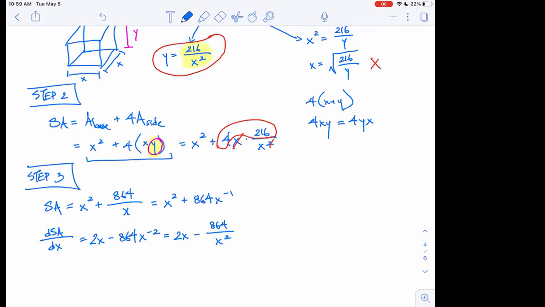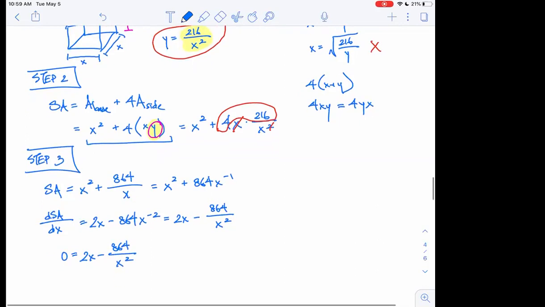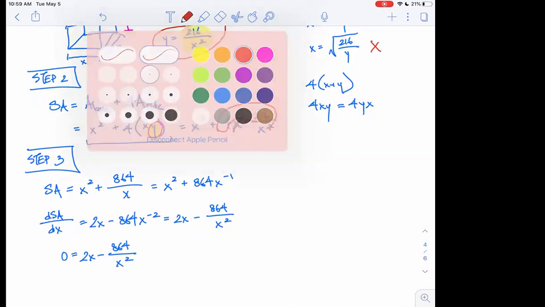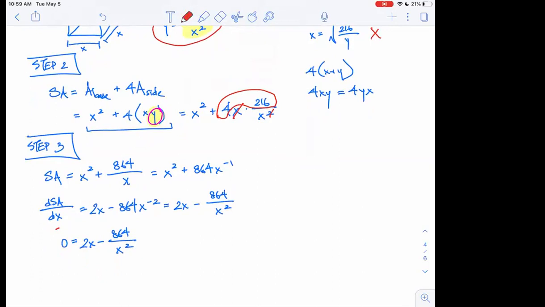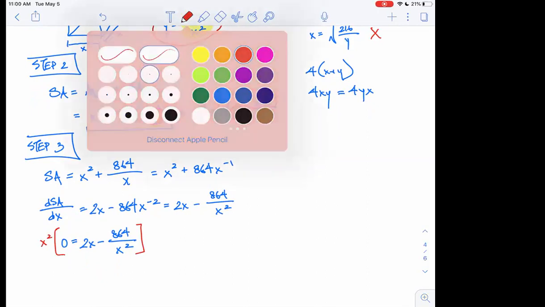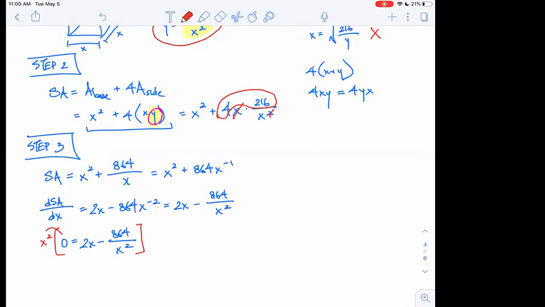All right, so let's take this, let's set it equal to 0. All right, now I don't love fractions, but I try and find a lot of workarounds, and this is one of those workarounds. I'm going to take the entire equation and I'm going to multiply by x squared. That's going to mean I distribute that here, I distribute that here, and I distribute that here.